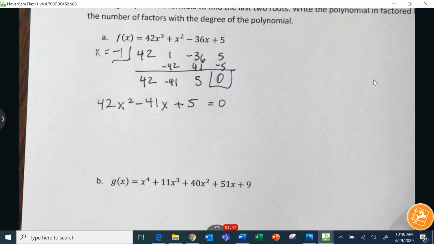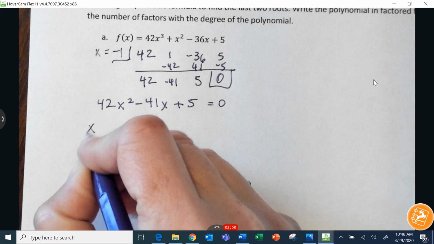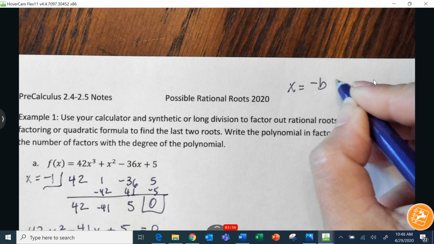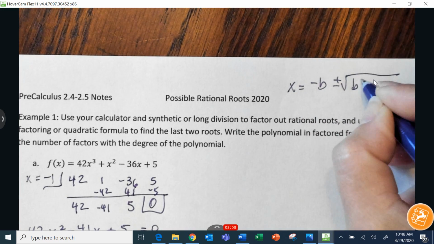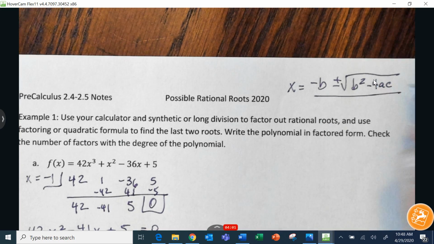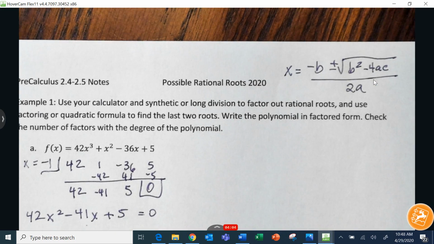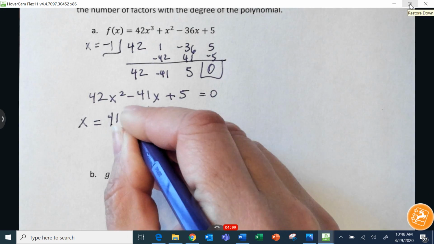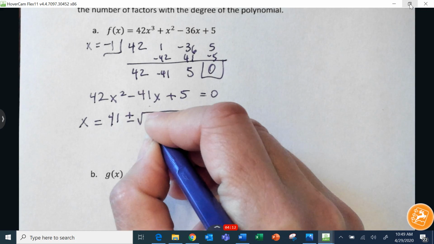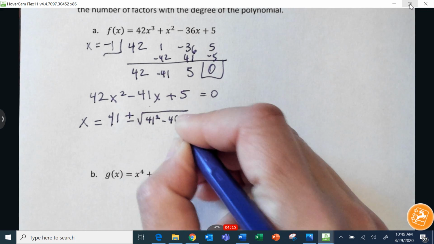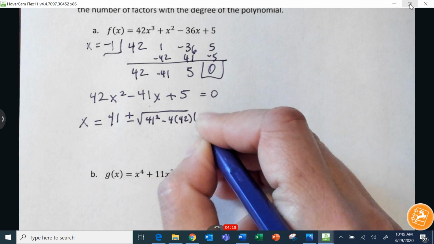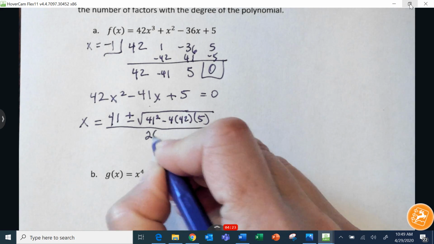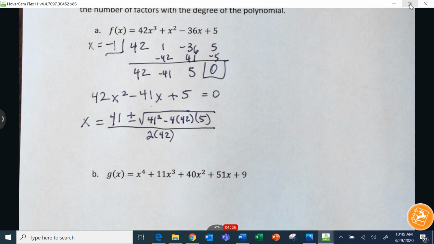So I'm going to use quadratic formula. Remember, x equals, here, I'll put it up here. x equals opposite b plus or minus square root b squared minus 4ac all over 2a. So x equals opposite b plus or minus square root b squared minus 4 times a times c all over 2 times a.